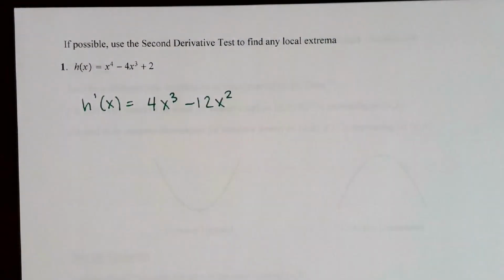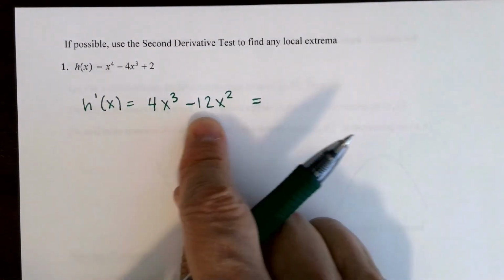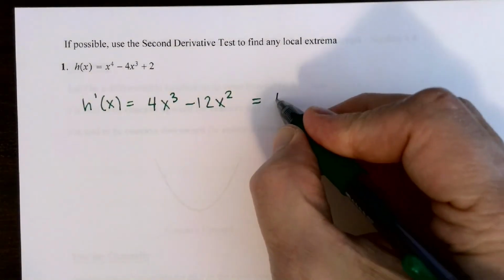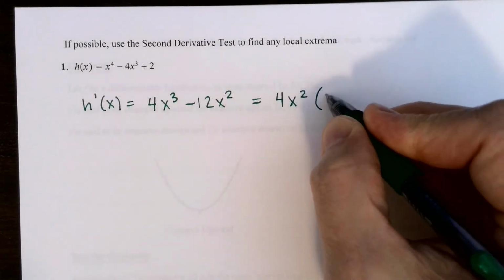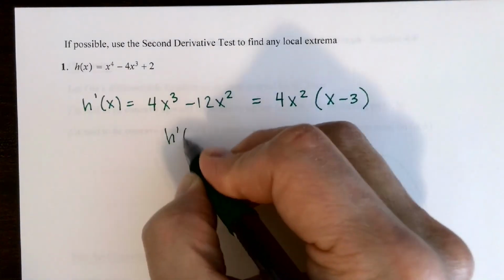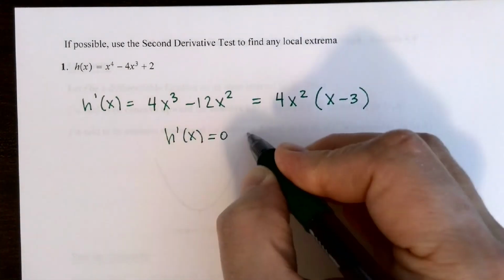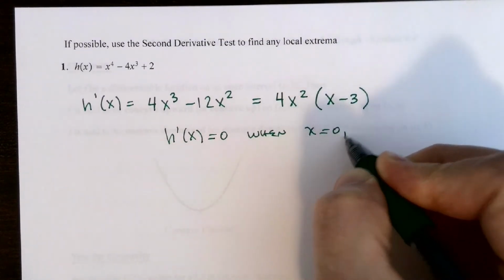Derivative of 2 is 0. So there it is. When is this 0? Let's factor. Greatest common factor I can pull out of this is a 4x squared, which leaves me an x minus 3. And so when is this function equal to 0? When x is 0 or 3.